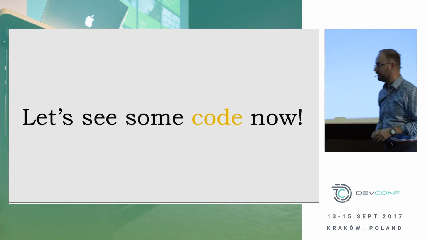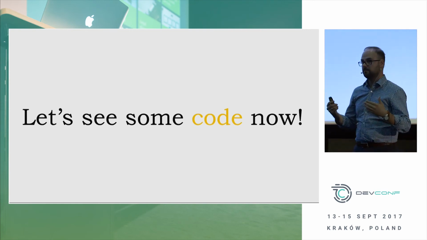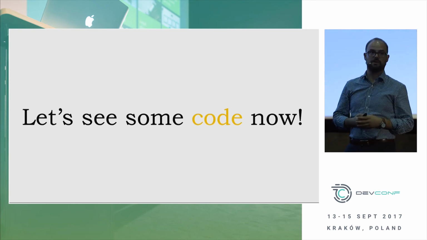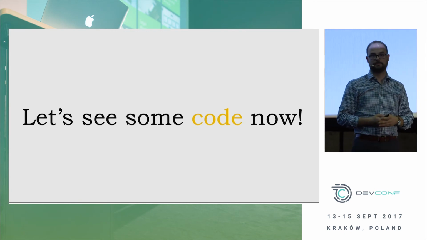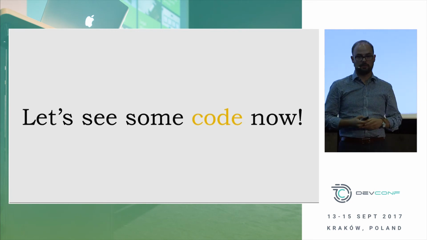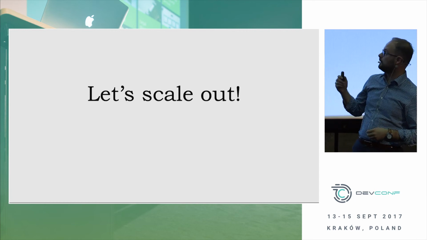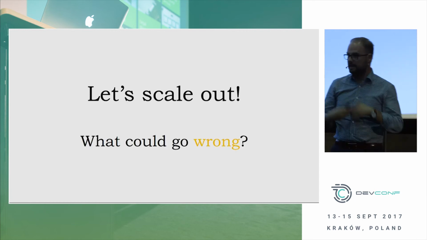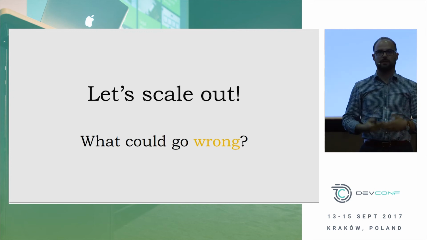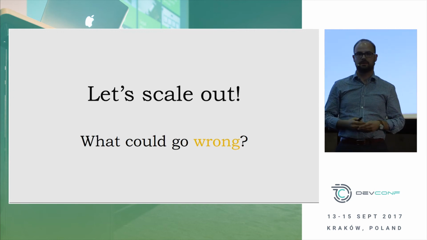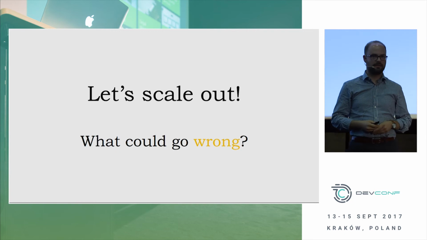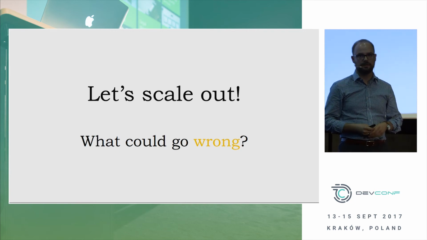The application looks much more realistic now. But the thing that we wanted to do is scale it out. So what would happen if we add more instances of the front end, but also more instances of the backend side? Is there anything that could have gone wrong in such a scenario?